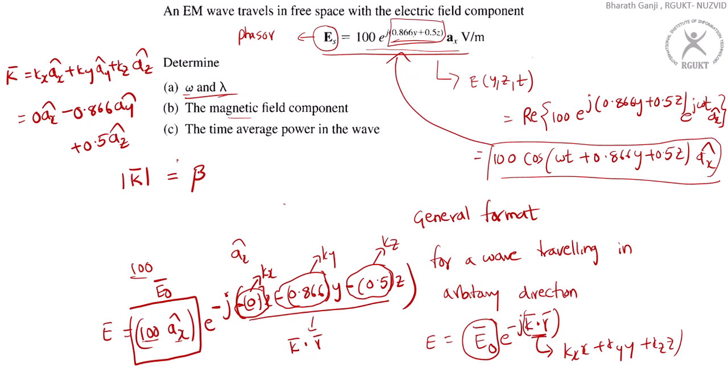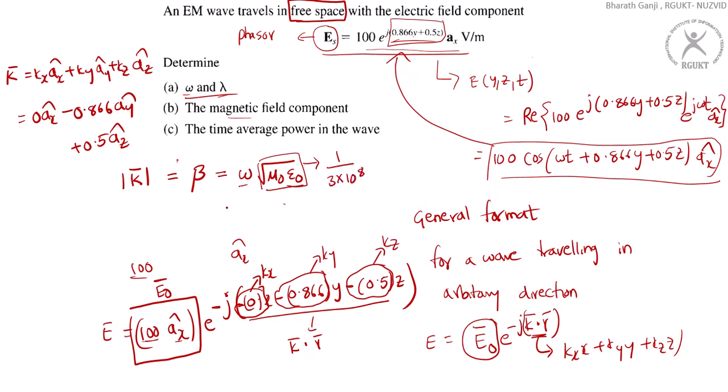Because the wave is traveling in free space, beta is nothing but omega times of square root of mu naught and epsilon naught. Okay, so you can see that the square root of mu naught epsilon naught is nothing but 1 by 3 into 10 to the power of 8.